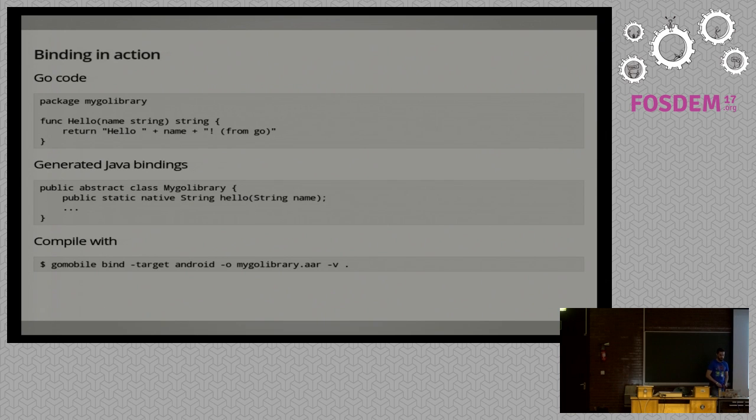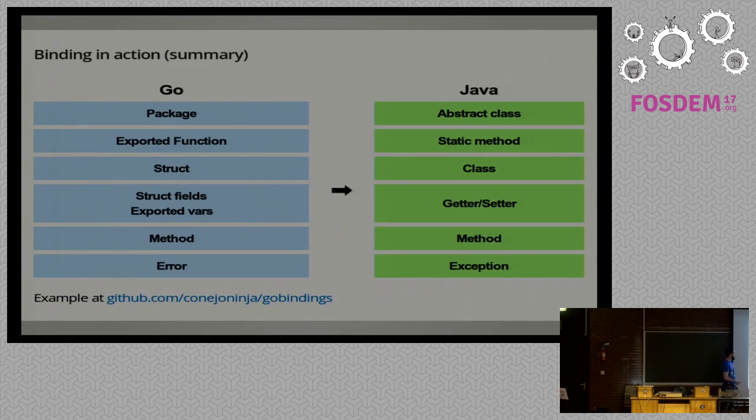So let's see some example code. Your Go code is quite simple here. You just have package name myGoLibrary with a function named Hello that will receive some parameters. The generated Java binding is a class myGoLibrary, which we said before.